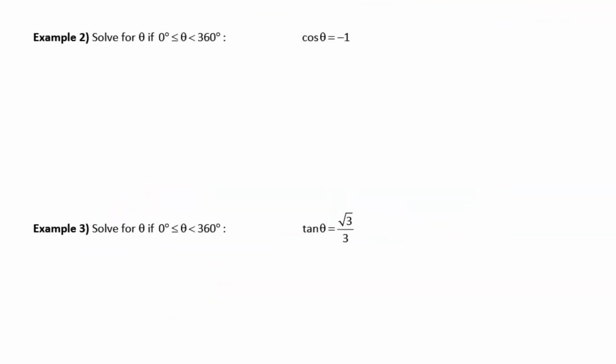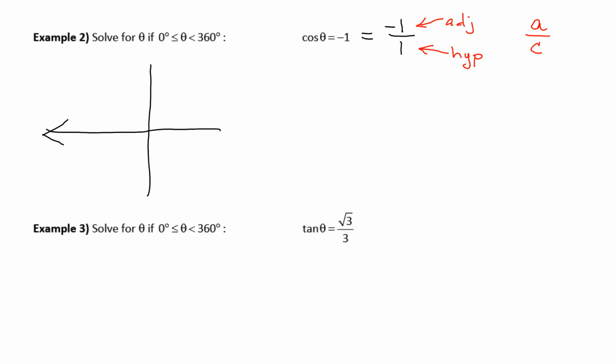In example 2, we're trying to solve the equation cosine of theta equals -1. It may be helpful to think of this as -1/1, which is adjacent over hypotenuse, or a over c. So our horizontal coordinate needs to be -1, and our hypotenuse needs to be 1, and I hope you'll recognize this as a quadrantal angle.